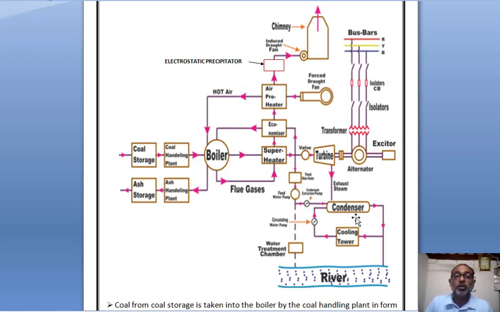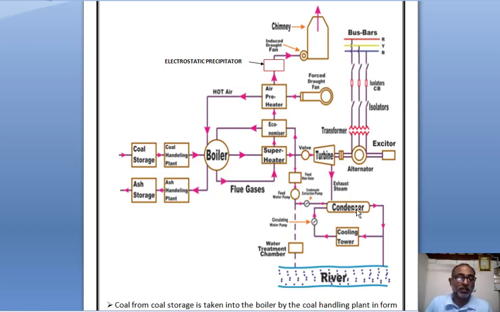Now whatever water comes out from this condenser is heated. Now this heated water is let into this river, if water is available in the river throughout the year.